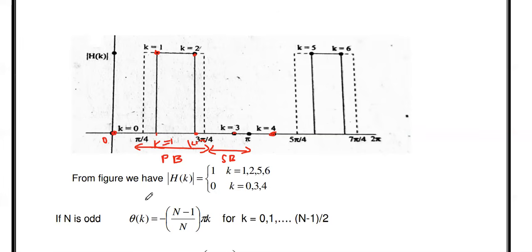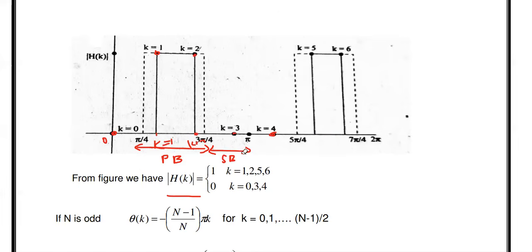From the figure, we can write the modulus of H of k as: it becomes 1 for k equal to 1, 2, 5, 6. Then for k equal to 0, 3, 4, it becomes 0. So this is the modulus of H of k.